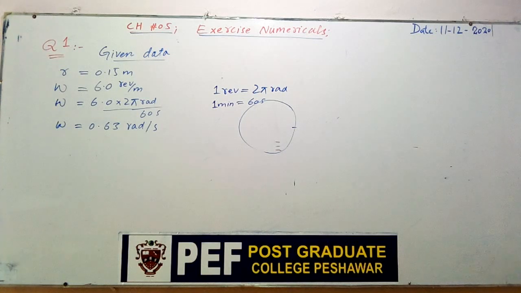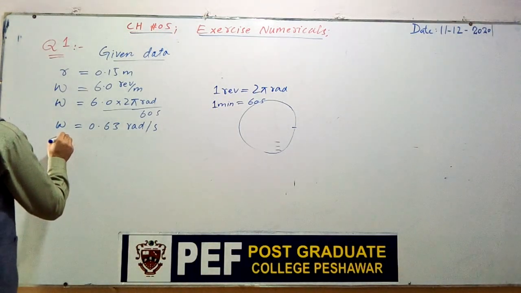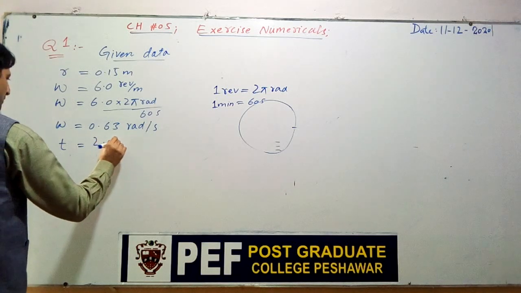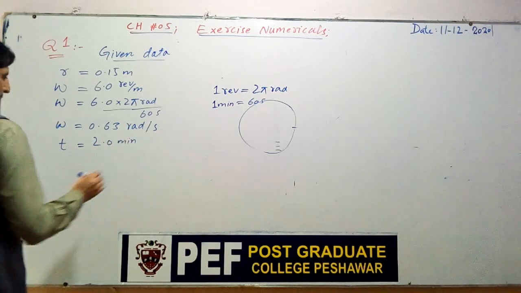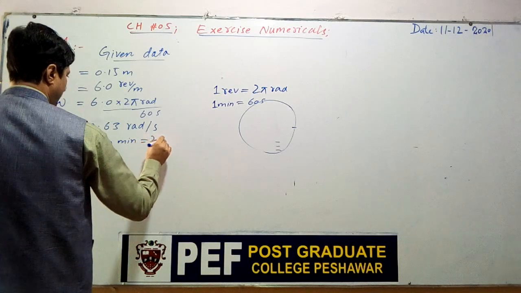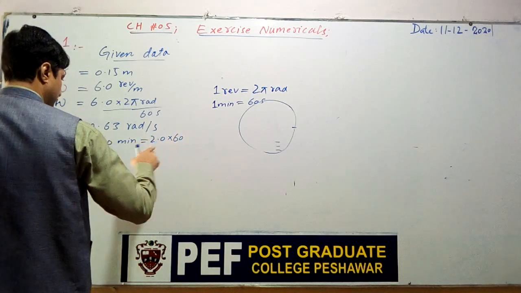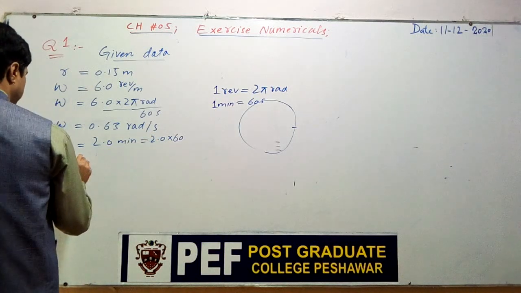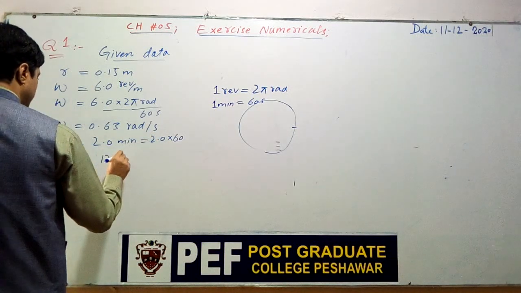It is stated the total distance traveled by the flight during a 2-minute cooking period. So time is also given. T equal to 2.0 minute, which is equal to 2.0 multiplied by 60, because we have to convert this minute into second. We get 120 second.